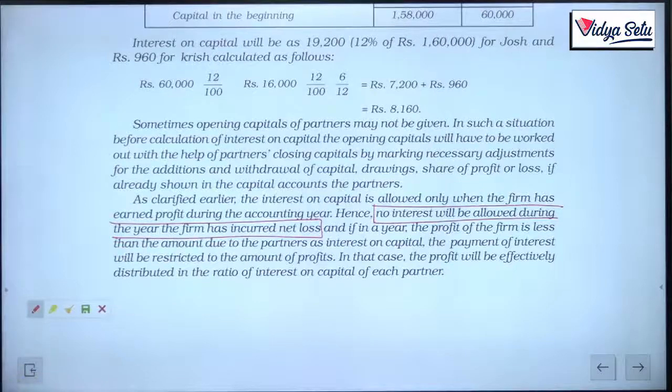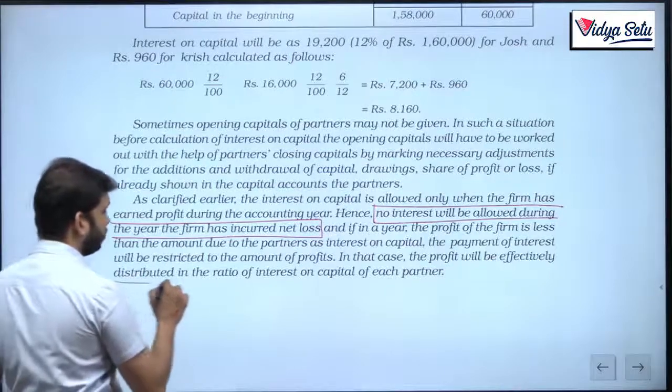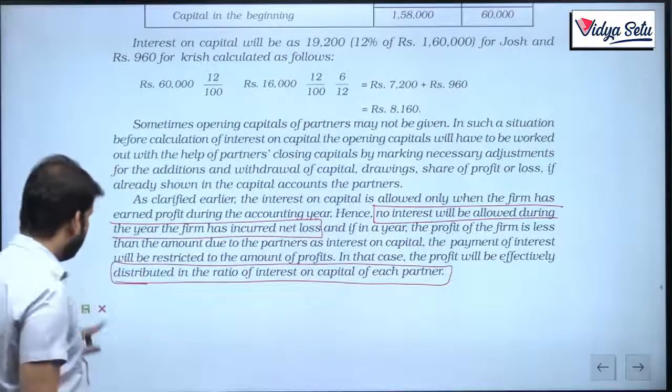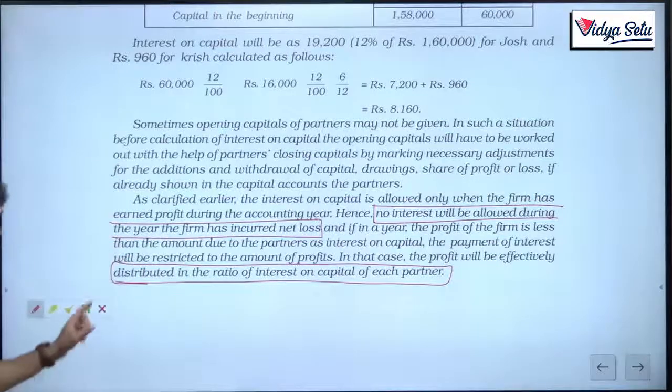The payment of interest will be restricted to the amount of profits. That means the partners will get only that much interest as the profit they had. In that case, the profit will be effectively distributed in the ratio of capital. We will understand this better when we solve the question.